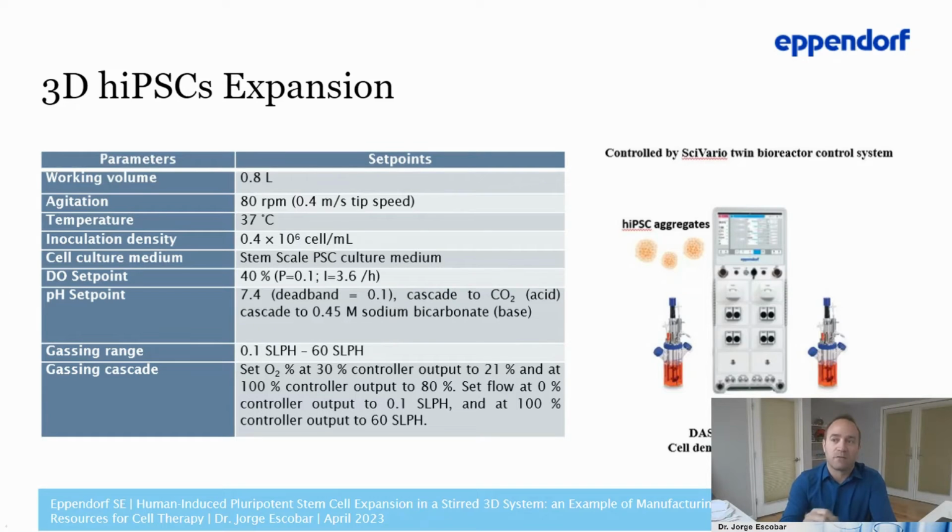Then, using one of the liquid addition ports that we have built in the head plate, we were able to add back the 40% needed with fresh medium without any supplementation.